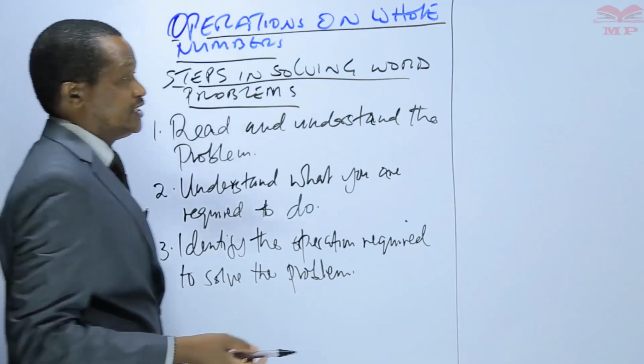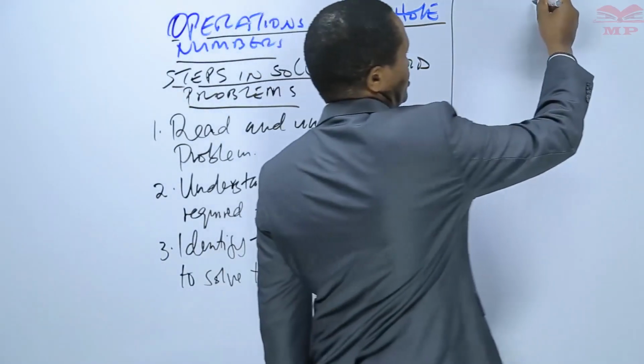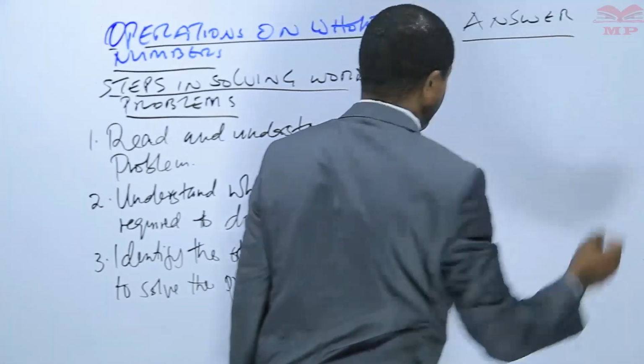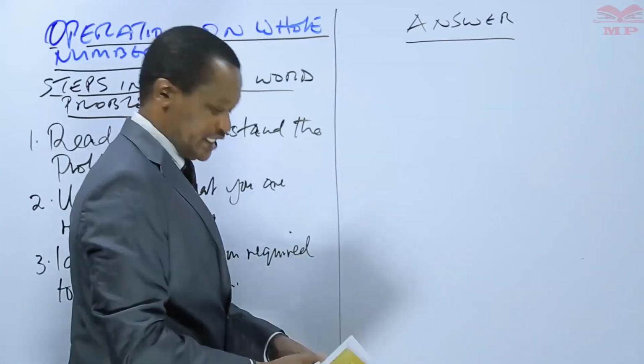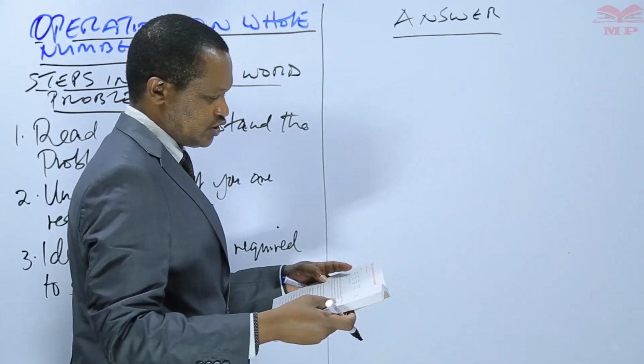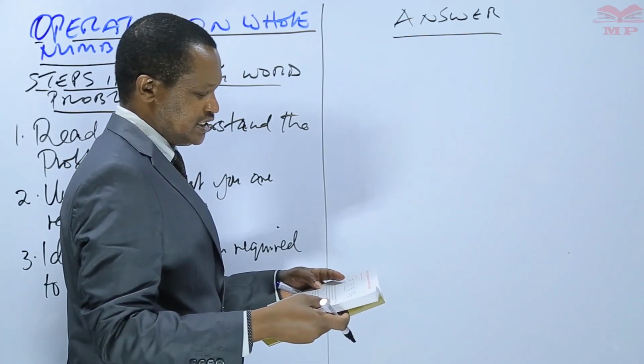So we can now go ahead and answer the question. We'll give the answer here on the board. The question is, how much money did the district get for development projects? How much money did the district get?